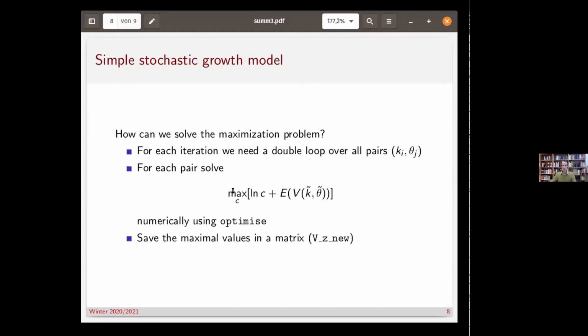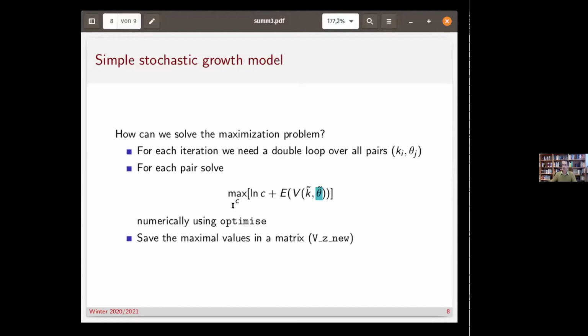Then we have to maximize, and I forgot the discount factor here, so there's a beta missing. The maximization is just over the thing in the square brackets. Inside we have to evaluate the expectation, and we have to interpolate the value function because we do not know next period's technology level. This won't be on a grid point in general, so we have to do interpolation.